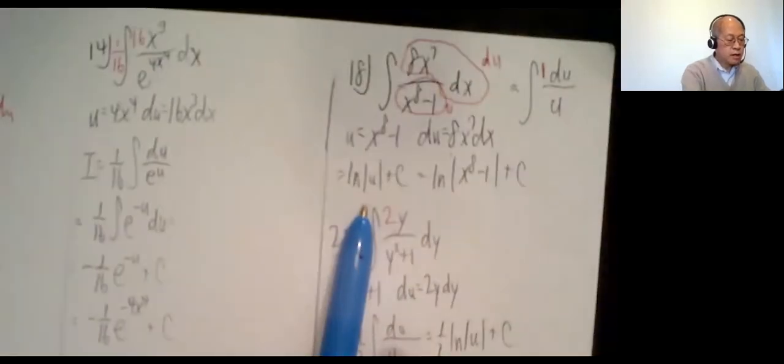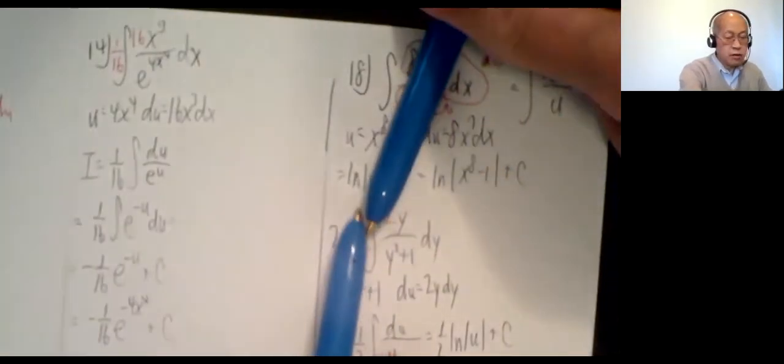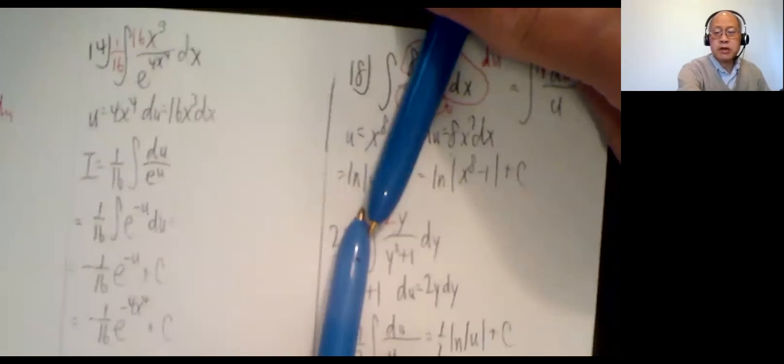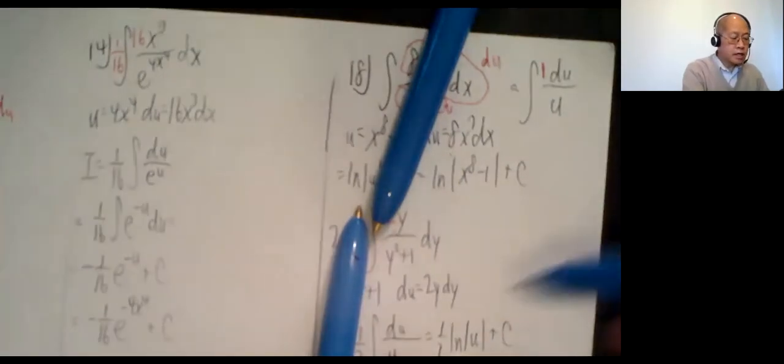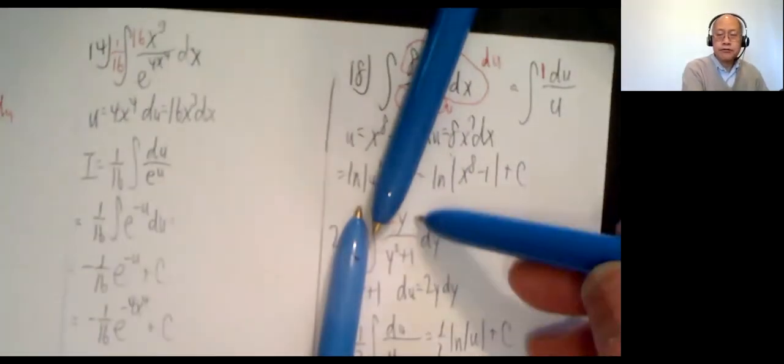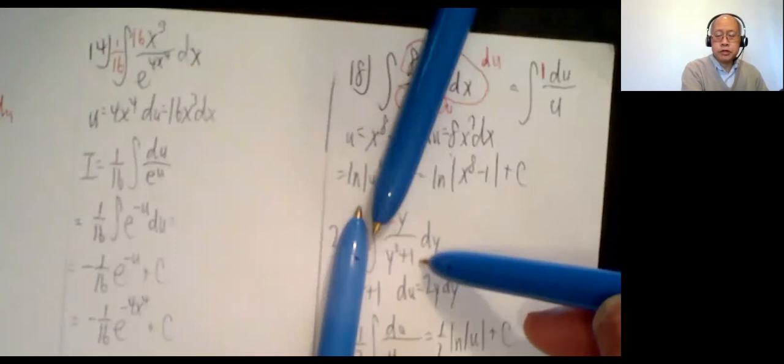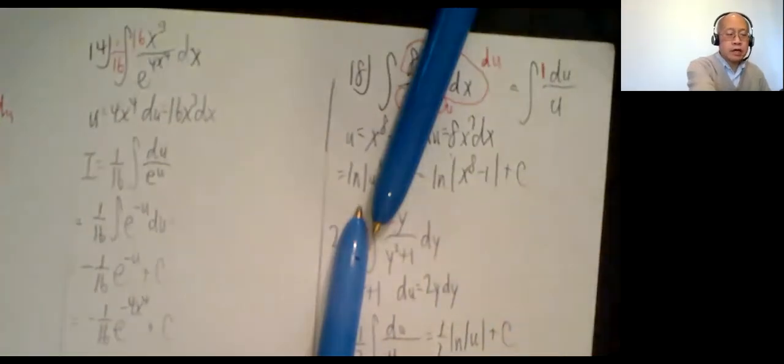Okay, 20. Ignore any red. The original was y over y squared plus 1. Second degree, first degree. The derivative of second degree is probably going to be first degree.